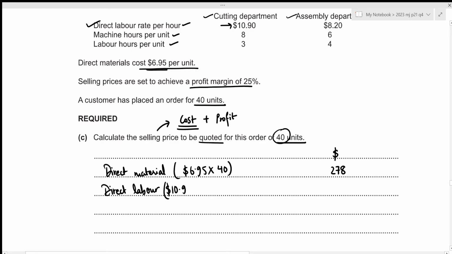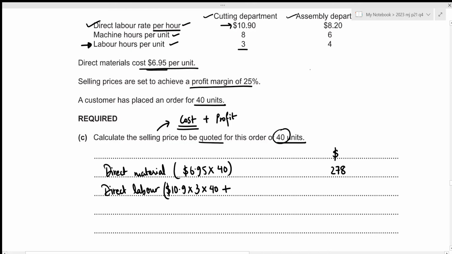And remember that this is the rate per hour, which means that we need to multiply the labor hours per unit required for cutting department. And the labor hours per unit is given right here, which means that we also need to multiply this rate of 10.9 by 3. Now this will give our direct labor rate per unit. Now we still need to multiply it by the total number of units in order to get our total direct labor expense for the cutting department. So we're just going to multiply it by 40.